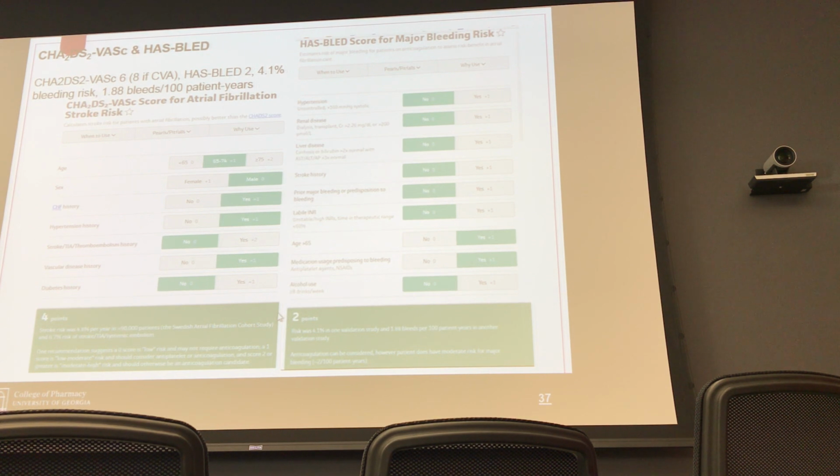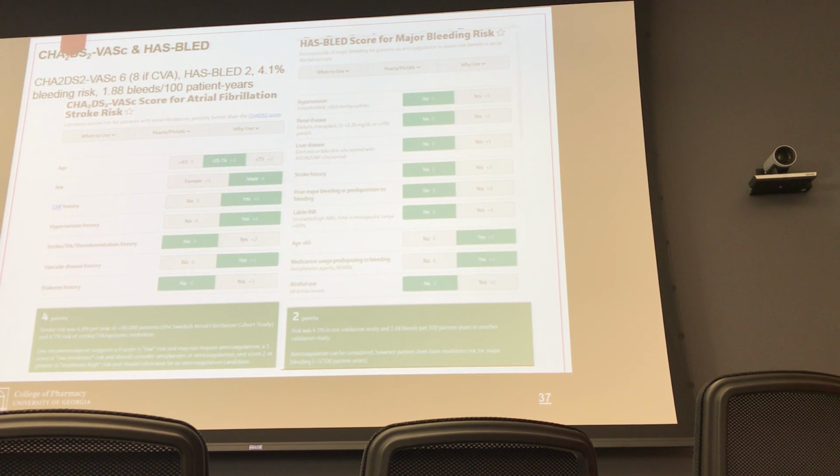And so this is something that we do a lot in inpatient. And so we say, okay, he has a score of 4, which confers a 4.8% risk of him having stroke, TIA, that kind of thing from his AFib. But then, because of all these other risk factors, he's also got a 4% chance of bleeding, according to this. So kind of a wash a little bit, right, as to what we want to do.